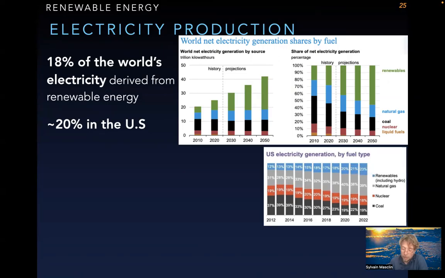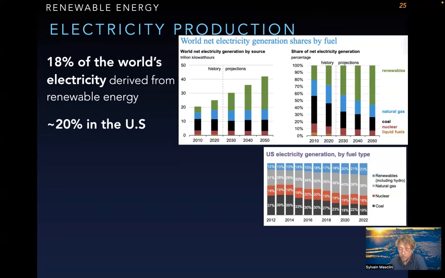The good side of it is, thanks to that, we can reduce our consumption of fossil fuel. This is what's supposed to happen in the future, by 2050, having more than 50% of our electricity coming from renewable.